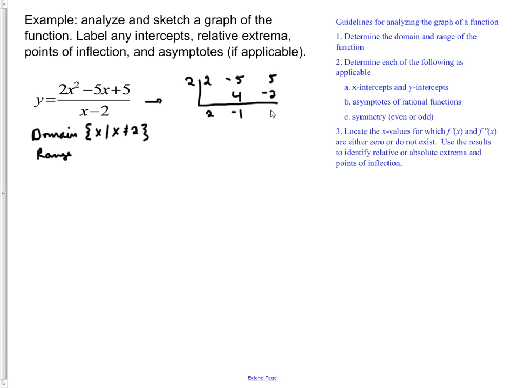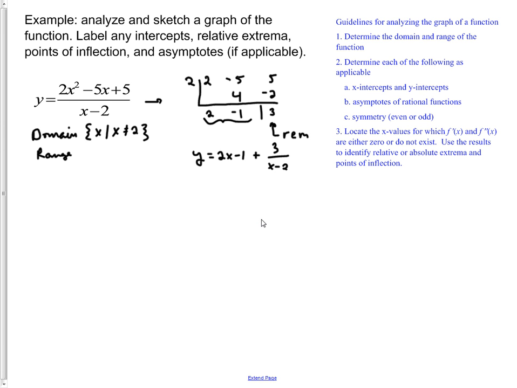Add down the column to give us 3, and this is going to be our remainder. These two numbers will represent the coefficients of our quotient. So we actually can say that we have the function y equals 2x minus 1 plus 3 over the divisor of x minus 2.